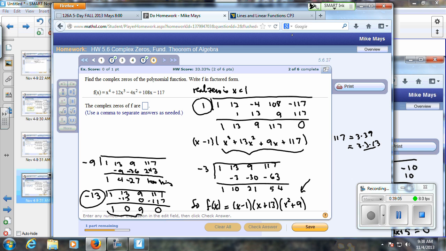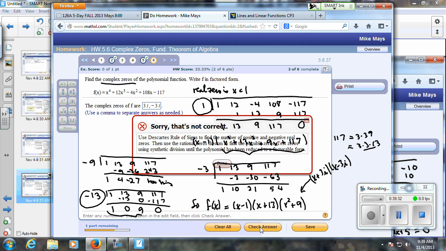If they're asking for complex zeros, I'm going to use x plus 3i times x minus 3i. And the complex zeros are 3i and minus 3i. Couldn't have found it if I hadn't gone through and checked that out.